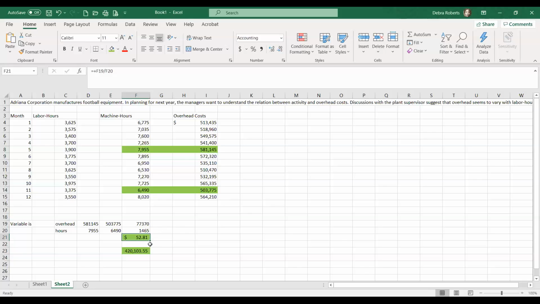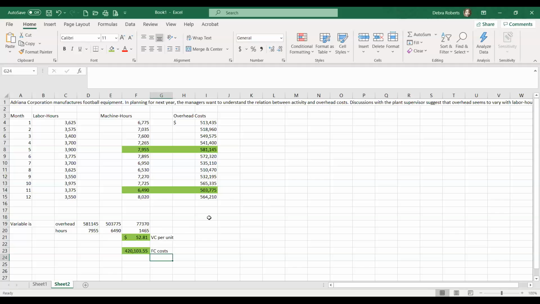To find out what your fixed cost is, all we're doing is taking the $52.81 and multiplying it by our highest units. In this case it would be the D20. So the variable cost per unit is going to be 52.81, and that's going to be our variable cost. And this is going to be our fixed cost.